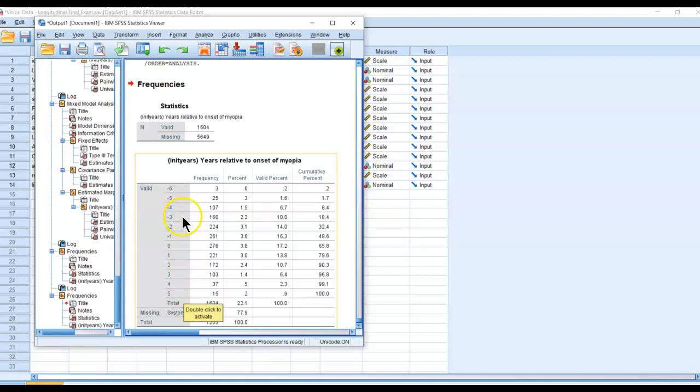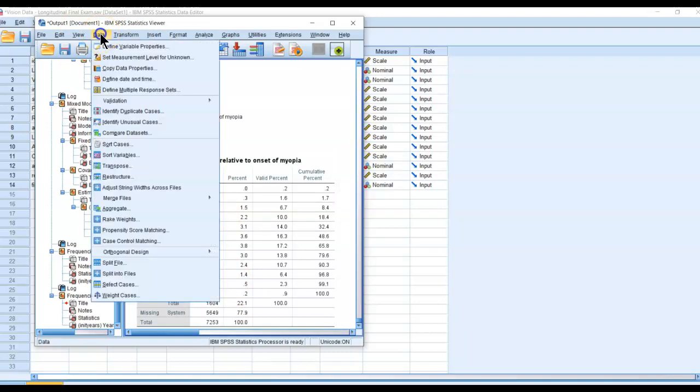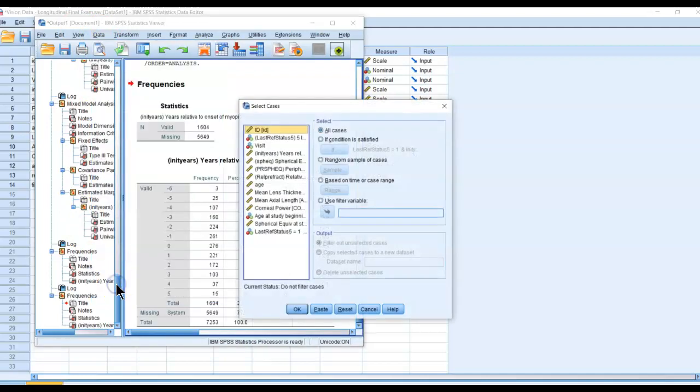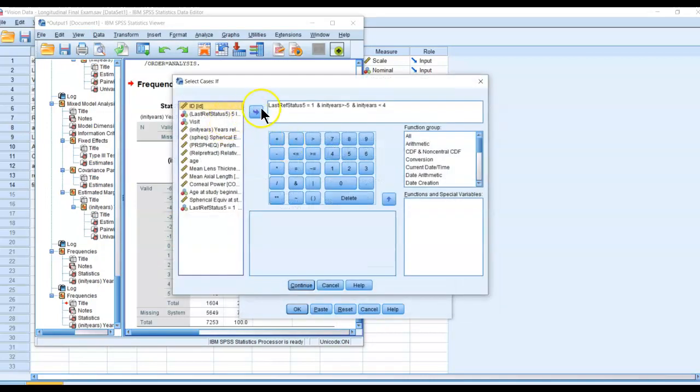So we're going to restrict our data range to -4 to +3 years. We do that with data, select cases, if a condition applies, and in this case it's if the last refractive status equals 1, which is the code for myope, and init years is greater than -5, which means -4 and above, and init years is less than 4, which means we don't take anything above 3 years.